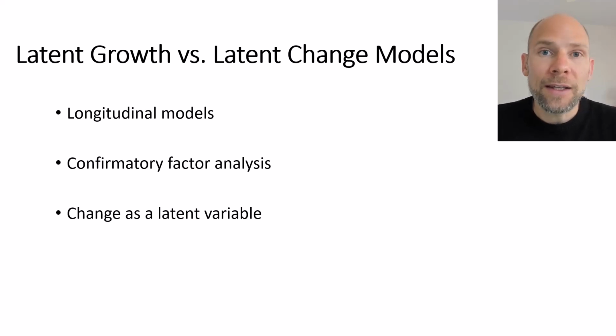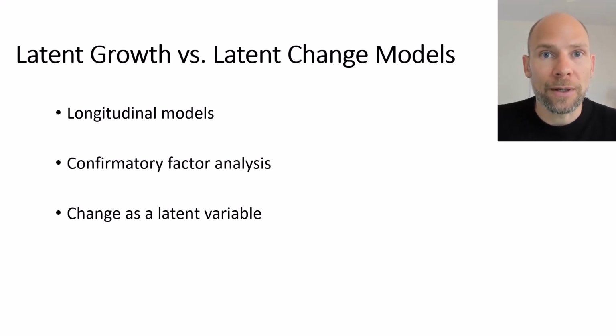Another thing that latent growth and latent change models have in common is that both allow us to model change as a latent variable, meaning we can look at inter-individual differences in change across time at the level of variables that are corrected for measurement error.